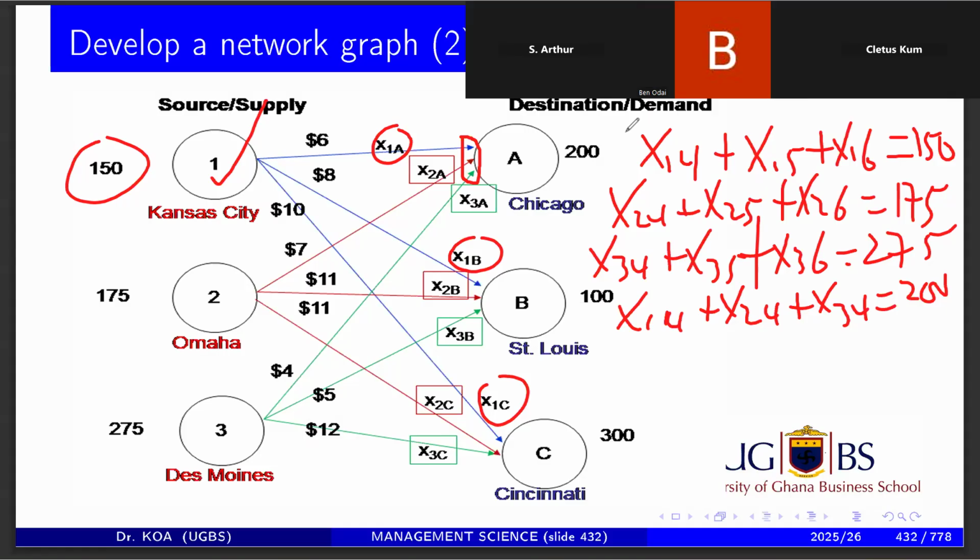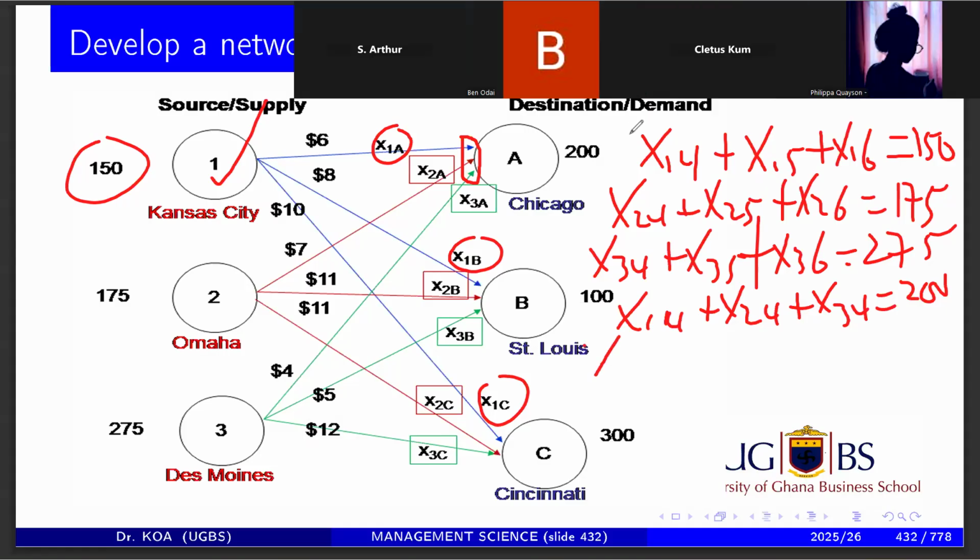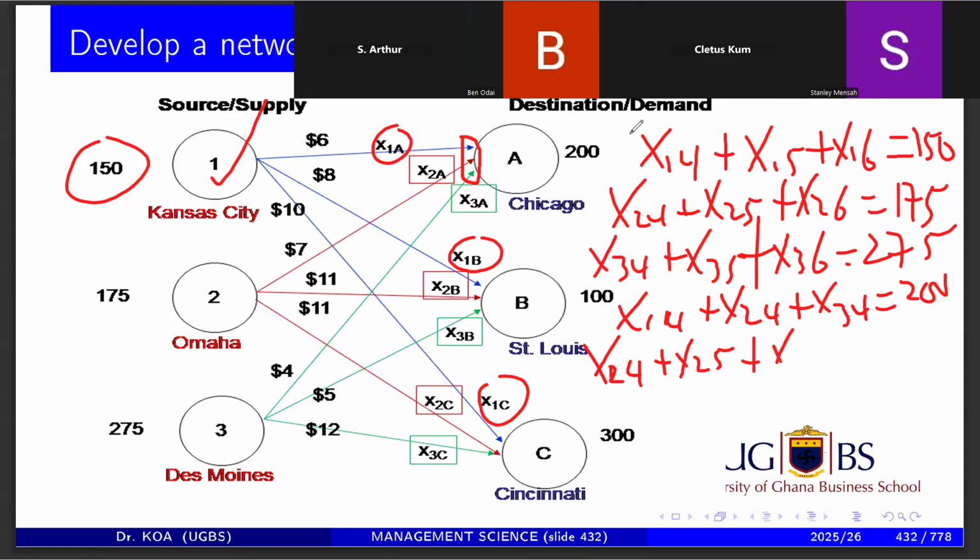Cletus. Okay, you have x24 plus x25 plus x26 is equal to 100. Are you sure?